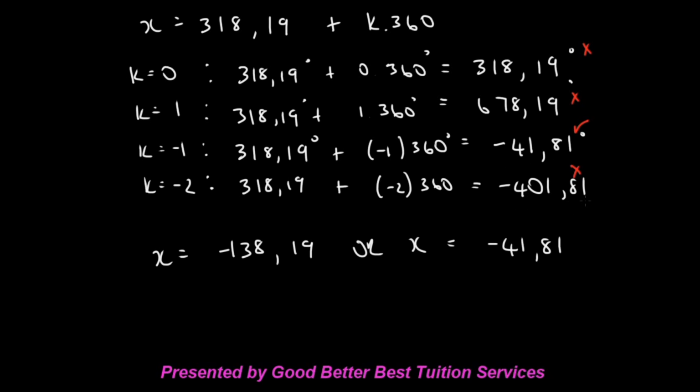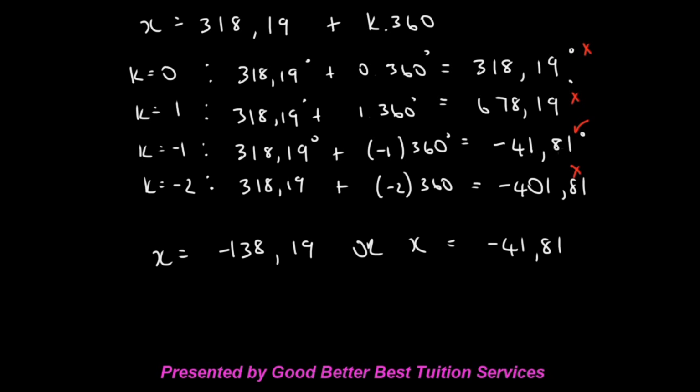What is our interval? Our interval is negative 180 to 180. And so we'll see that the first one, k is equal to 0, is out of the interval, sorry. 678.19 also doesn't lie in the interval. k is equal to negative 1 gives us negative 41.81.